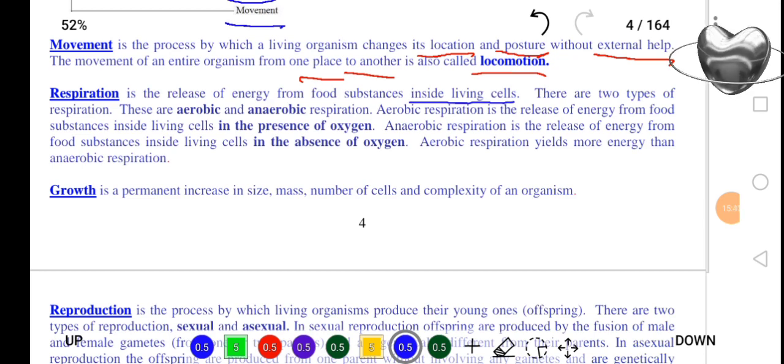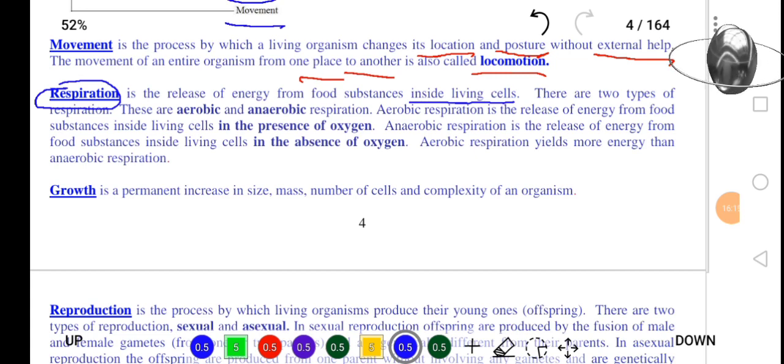Remember, I said living cells is a characteristic because every living organism has living cells, and it is in the living cells where the process of respiration takes place. Now, if a substance is able to release energy, we say that substance is a living thing or organism. Why? Because energy is only released out of living cells.